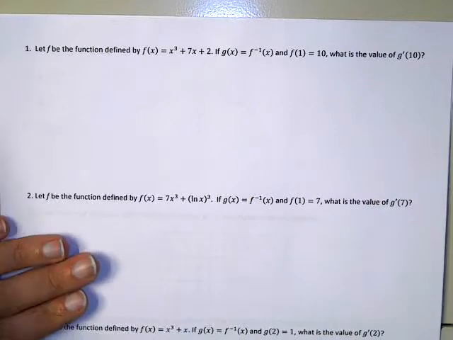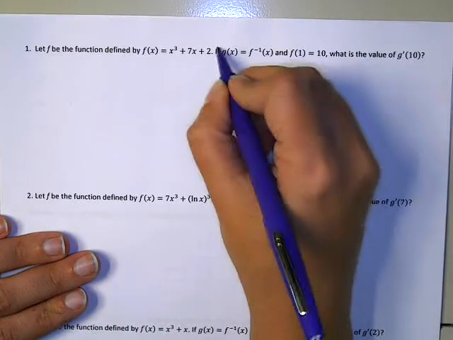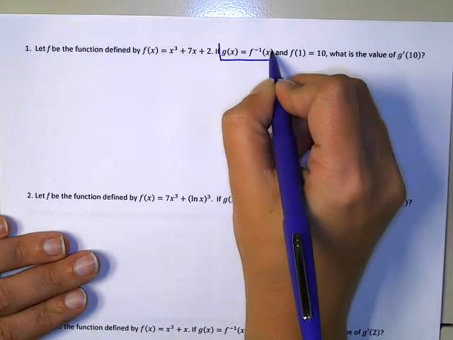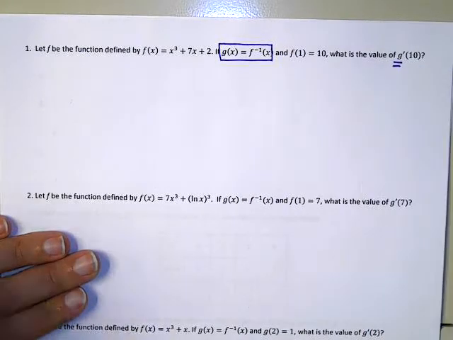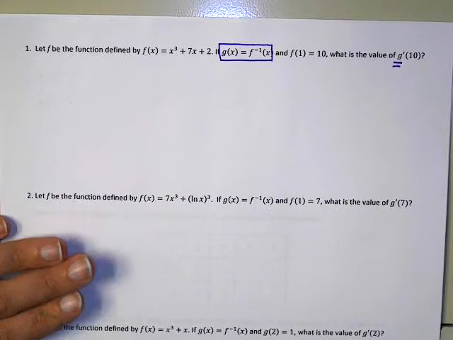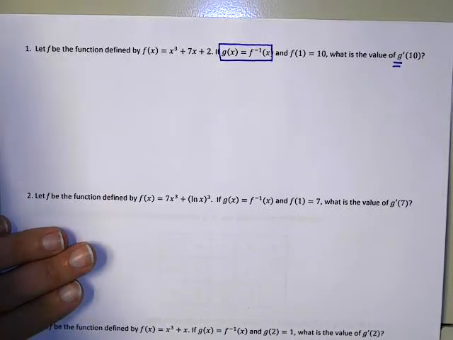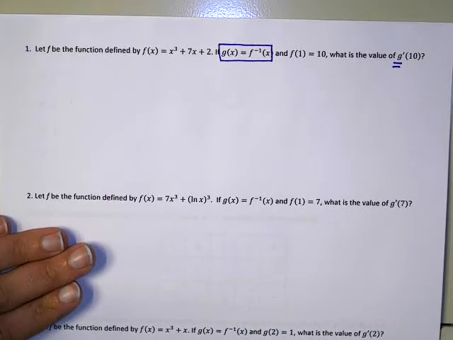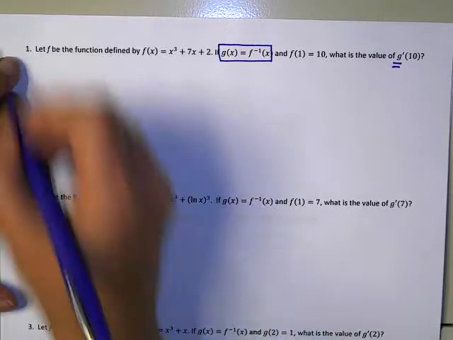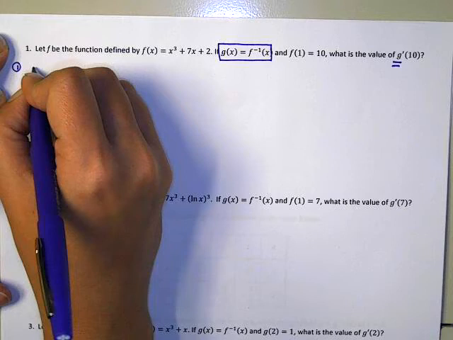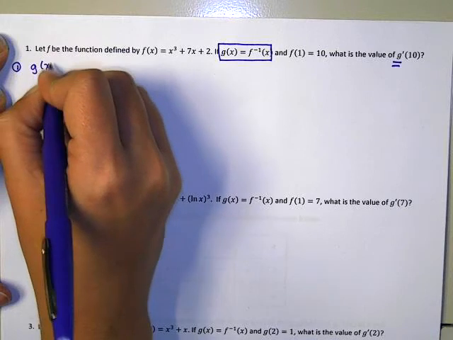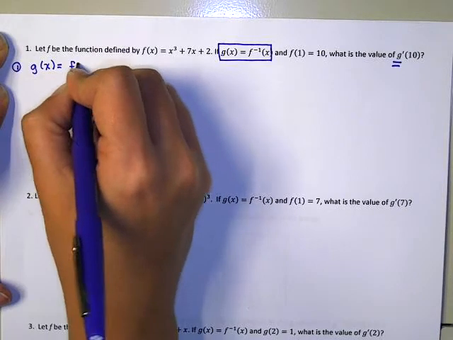The first thing I want you to know here is that we have an equation where g is the inverse of f, and we are asked to find the derivative of g. Since we don't want to have to find the derivative of the inverse of f, we're going to rewrite this in a different way. So step 1 here is going to be to rewrite this equation.